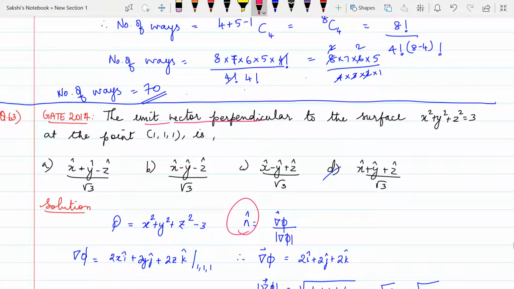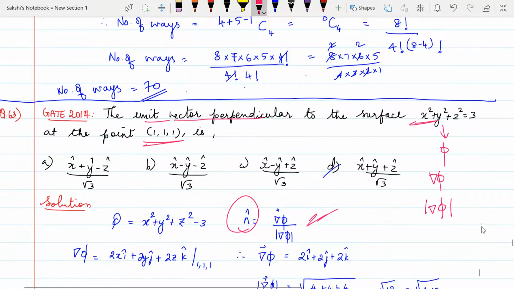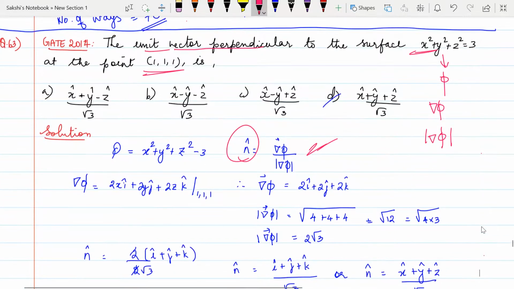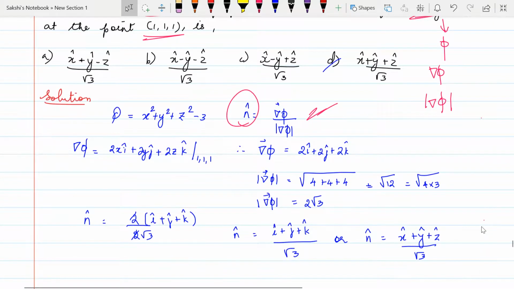You have a surface given, then this surface will be phi. You have to find del phi, and then find the magnitude of this. So this will be the formula. You just have to substitute and put the points if they are given, and then you're going to get your answer. I've just simplified this using this formula.